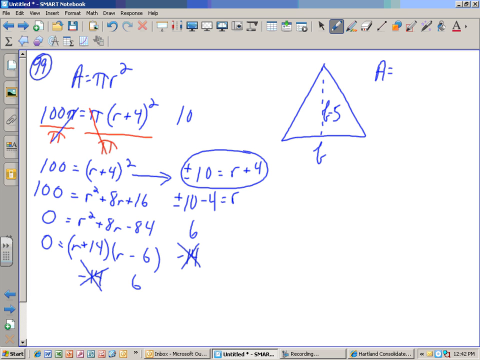Area of the triangle is 1/2 the base times the height. And the height is the same as the altitude. And they're given the area of this triangle as being 12 is equal to 1/2 the base, which is b, times the height, or the altitude, which is b minus 5.